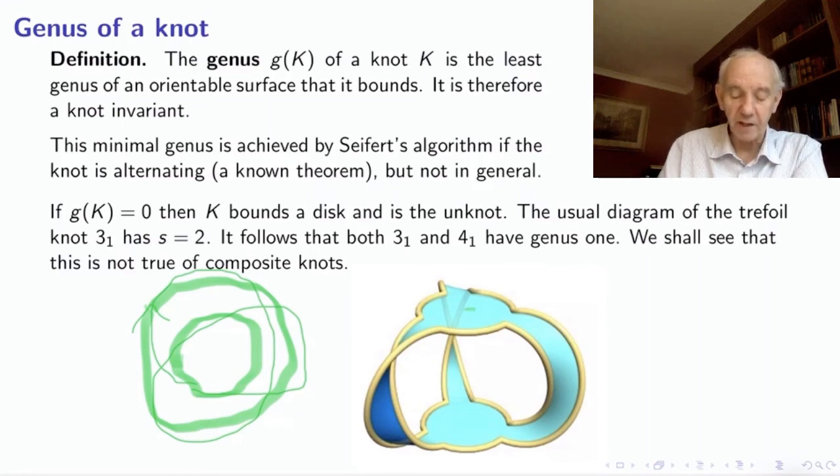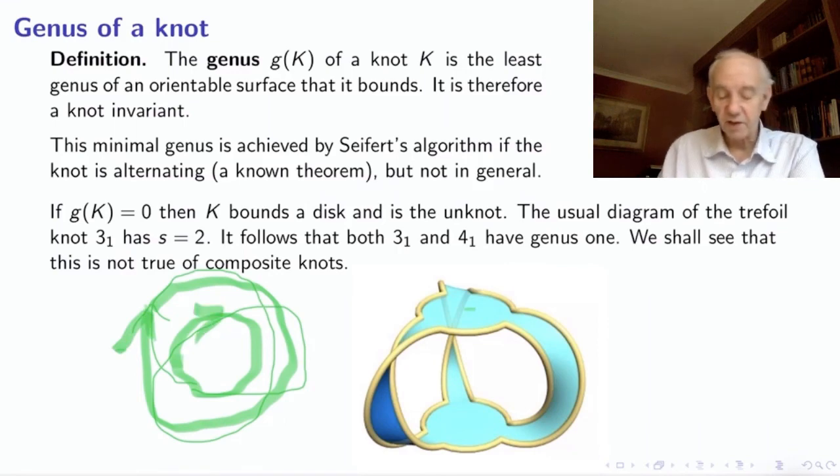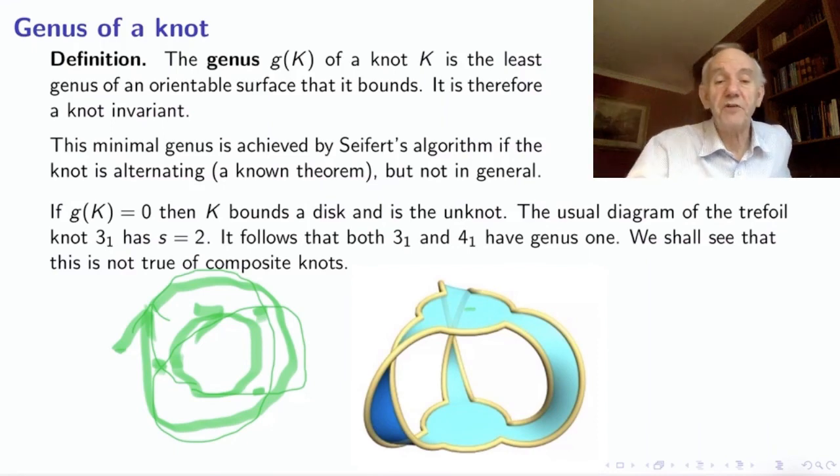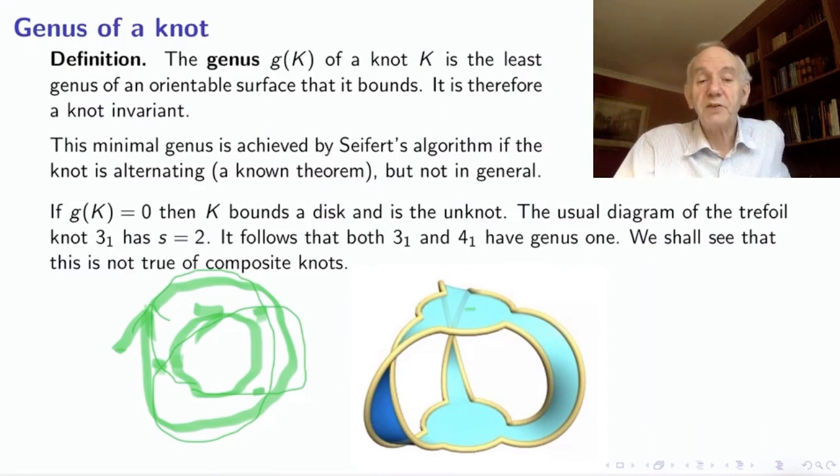They're both the same color because the orientations will match up, both clockwise. And then for the 3 crossings which we eliminated here, here and here, we put in these twisted bands and everything matches up. So that is the Seifert surface corresponding to the trefoil knot.